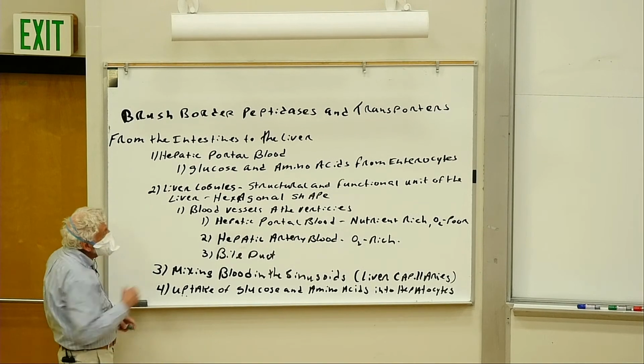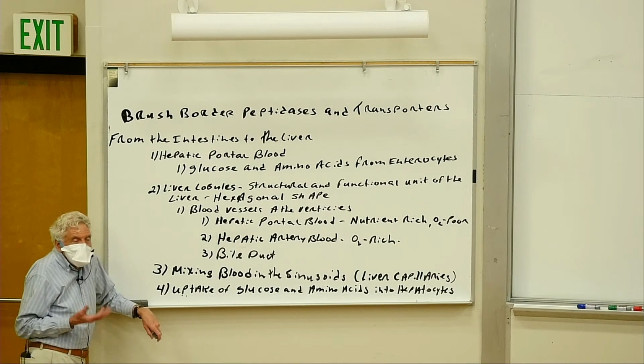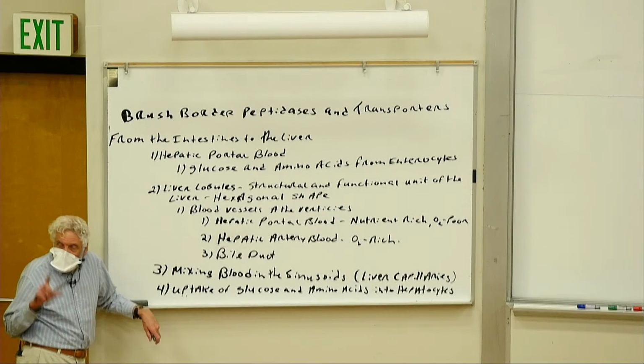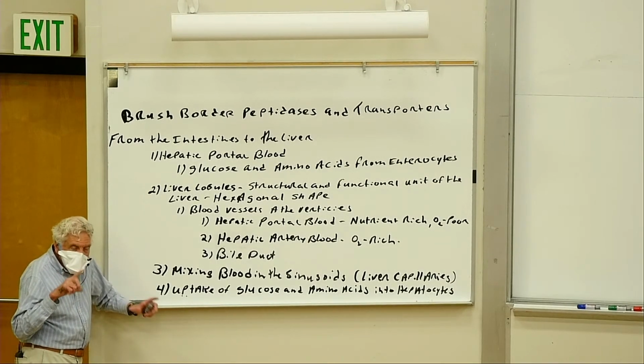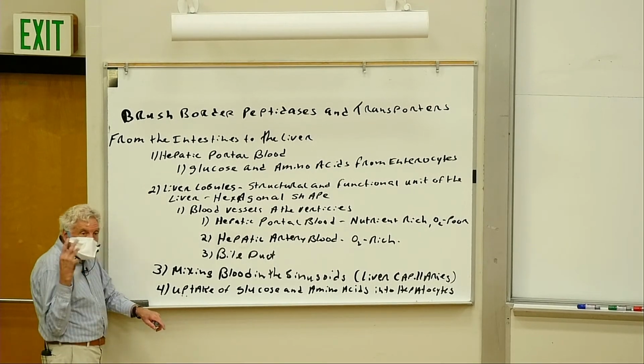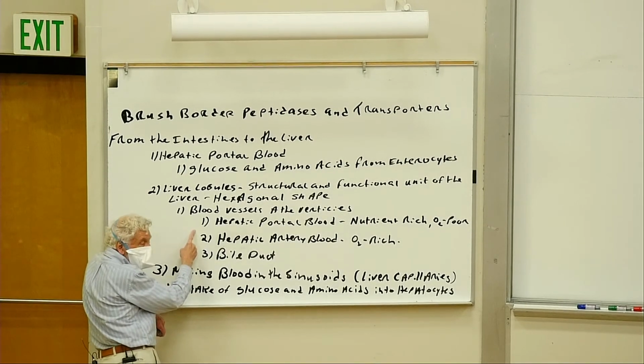We'll see that the structural and functional unit of the liver is something known as the liver lobule. And the liver lobule is unusual in that it's hexagonally shaped. And at each vertex on the hexagon, there will be 3 tubes. One tube will be for the hepatic portal blood.